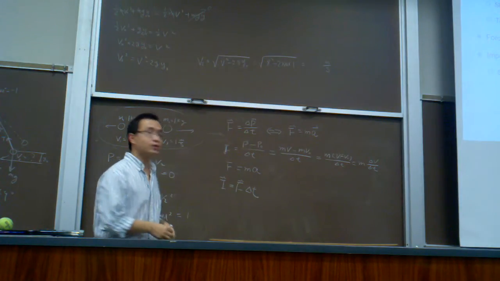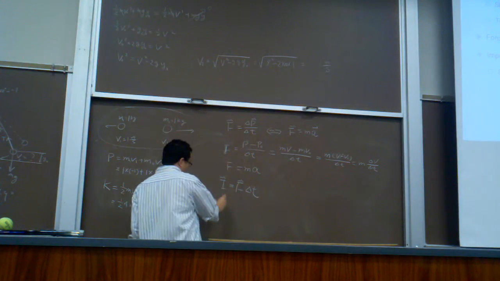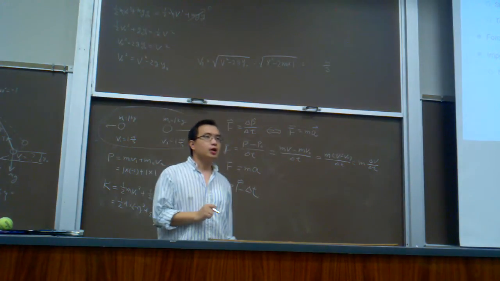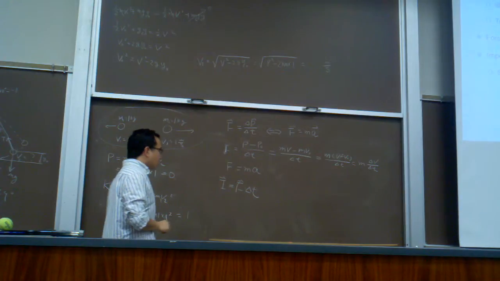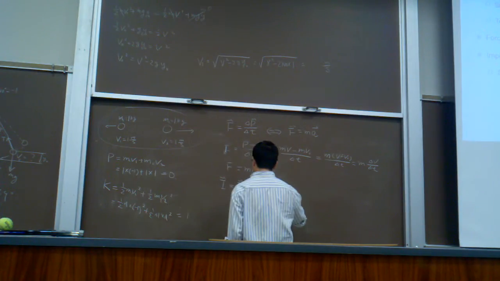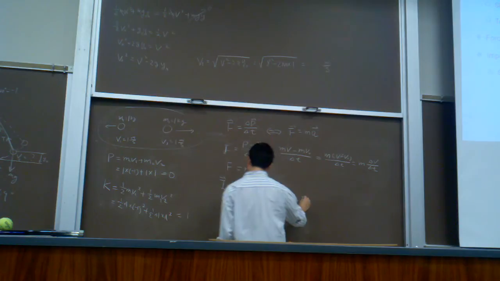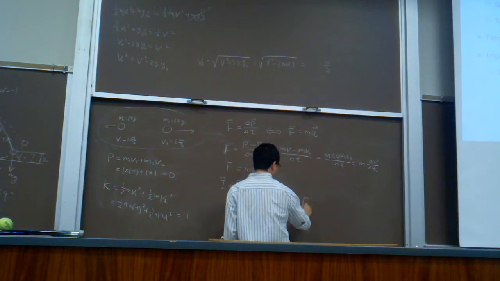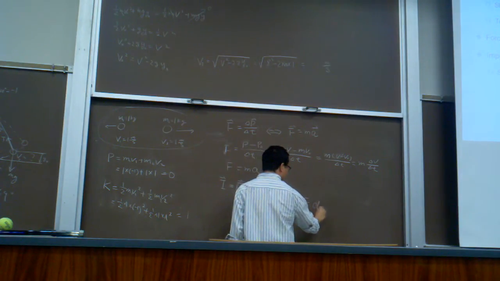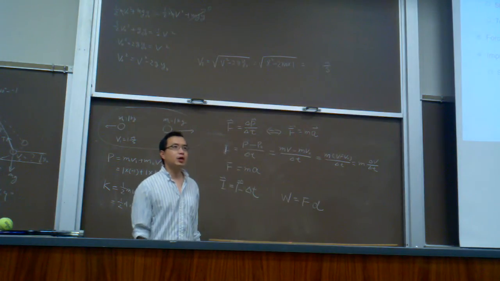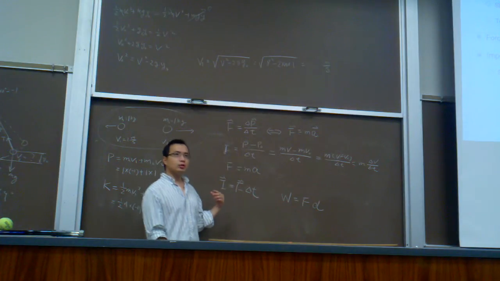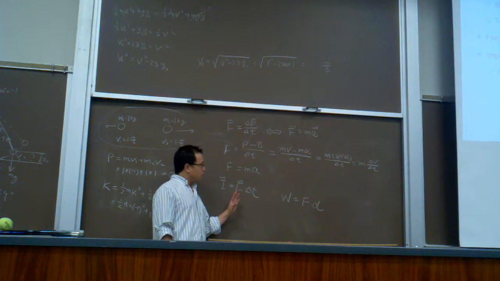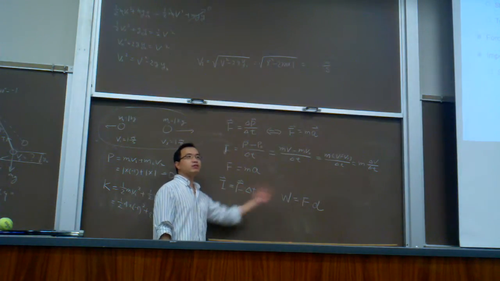And the reason we want to introduce this term, you can think about it in two ways. One way is to compare it with this quantity. In one dimension, the work can be written as F multiplied by distance. So the impulse and the work are actually considering the effect of the force from two different points of view.